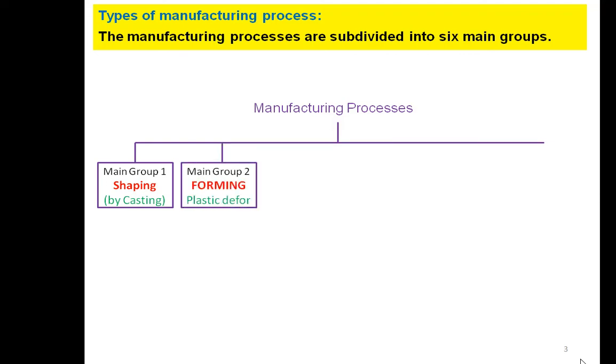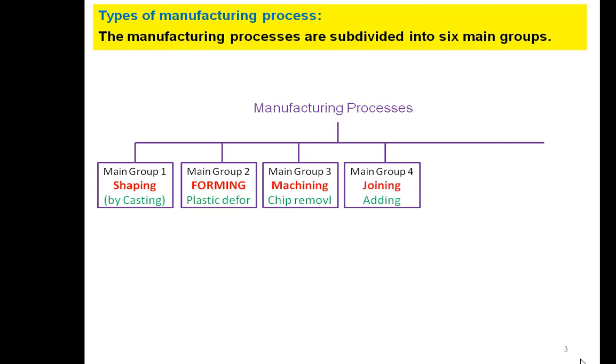Then other main group, it is forming process in which the material is plastically deformed. Plastically deformed means permanently deformed. Then third group, it is machining, that is material removal process. Chips are formed during the machining process.